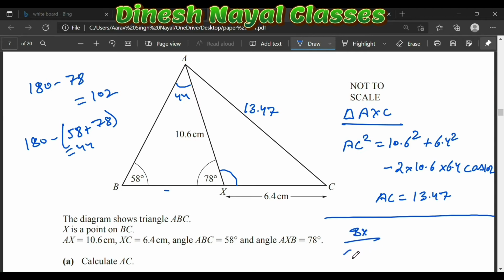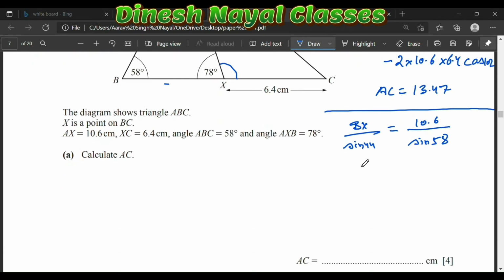So BX upon sine 44 equals 10.6 upon sine 58. Cross multiplying to get the value of BX, BX will be 10.6 into sine 44 upon sine 58.